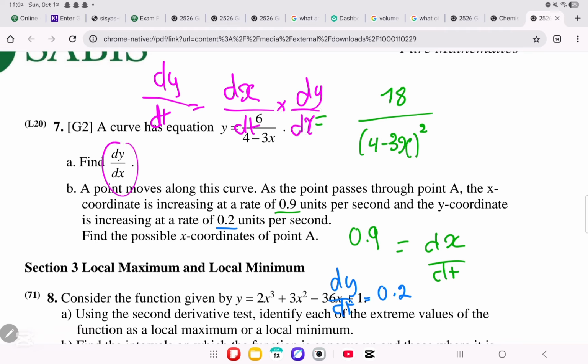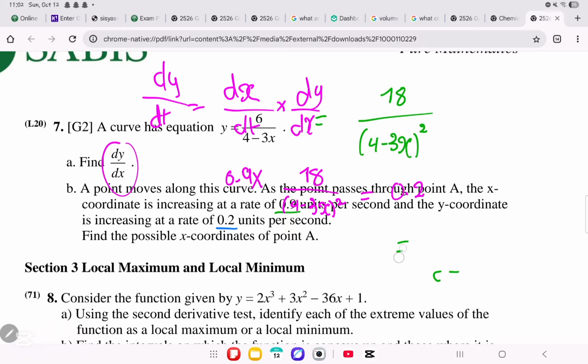That means I take dx over dt, which I have to be 0.9. I multiply it by 18 over 4 minus 3x squared, right? And then I will make it equal to 0.2. Now, you can bring 0.9 to the other side. It's 18 over 4 minus 3x squared is equal to 2 over 9.